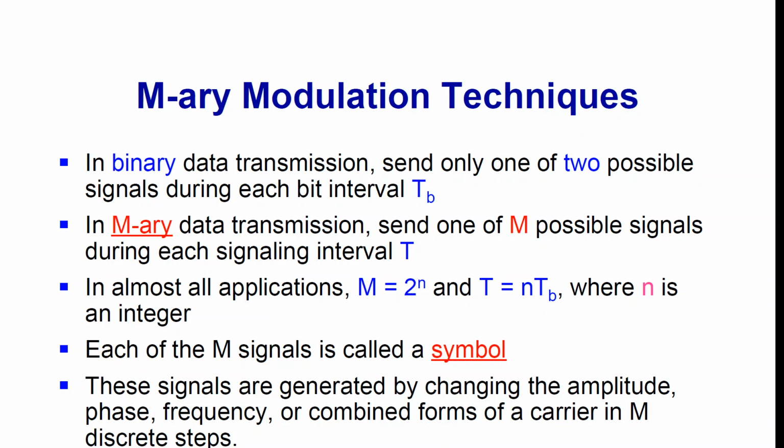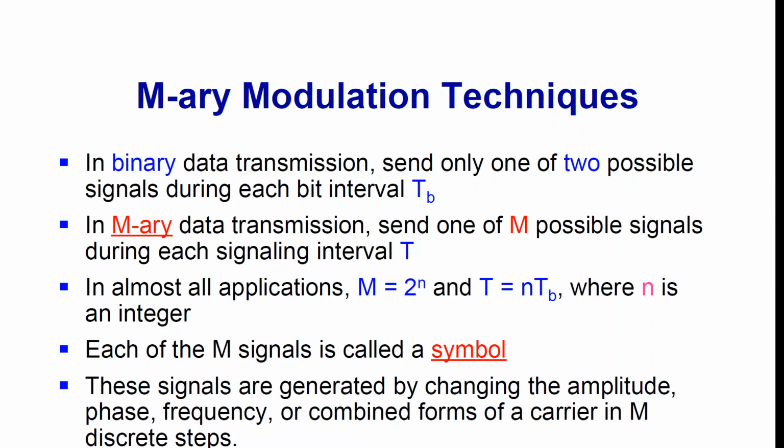So in binary data transmission, we send only one of the two possible signals during each bit interval TB. So in binary system, we will be either sending 0 or a 1. So corresponding to 0, if we are using BASK, then we will use an amplitude.